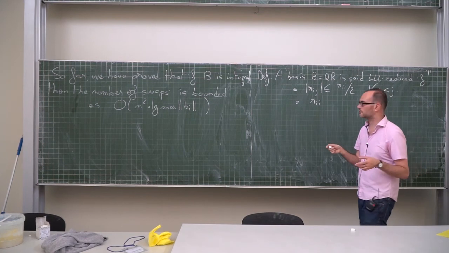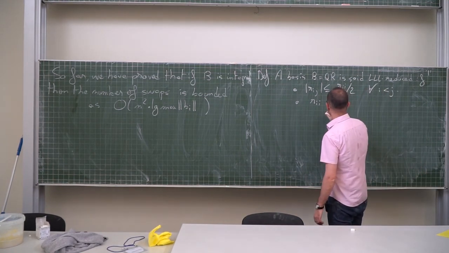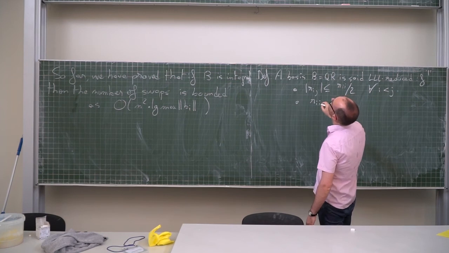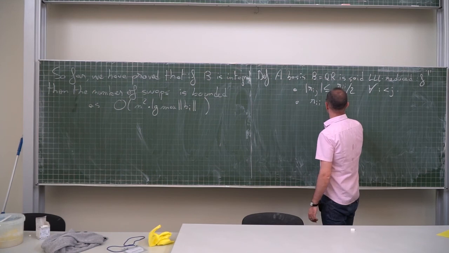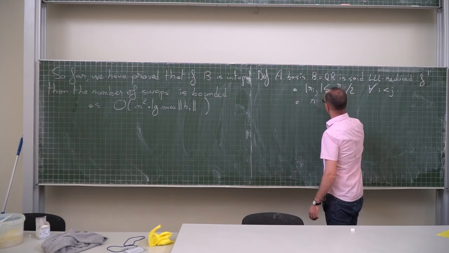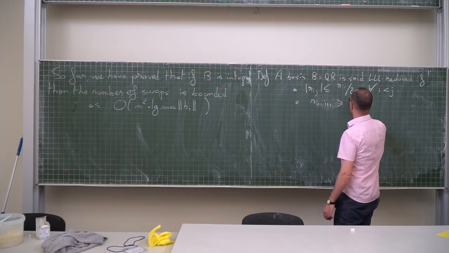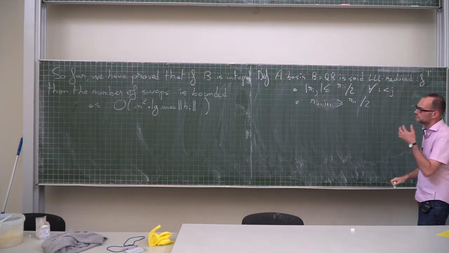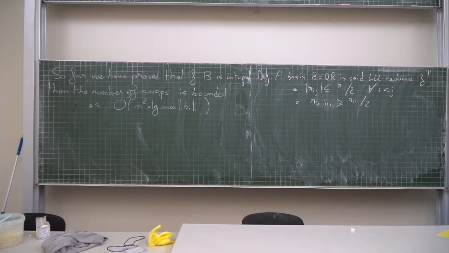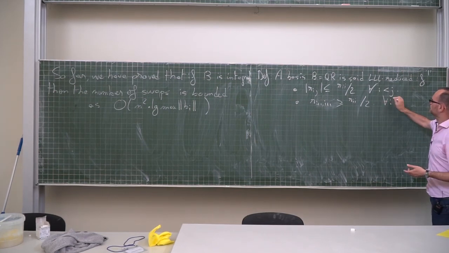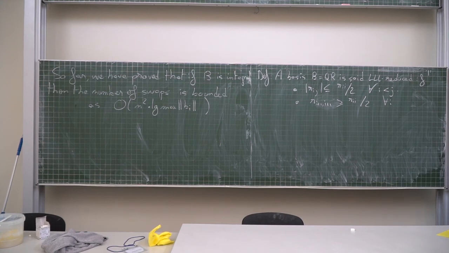So R(i+1,i+1) is more than Rii divided by 2. Okay, so locally they don't decrease too fast. And that's what the previous algorithm gives me.